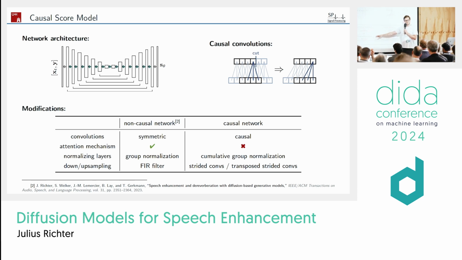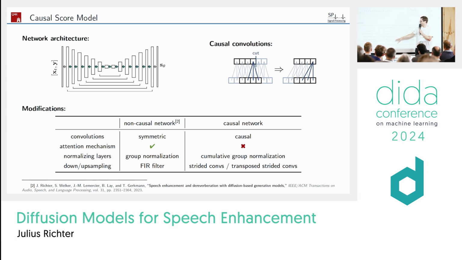They are also global, so they look at the whole spectrogram, and we had to make them cumulative such that they only accumulate statistics over time. And we have the down and up sampling in the UNet, for which we originally used FIR filters with consecutive conv layers, but now we changed to strided convs and transposed strided convs for down sampling and up sampling respectively.